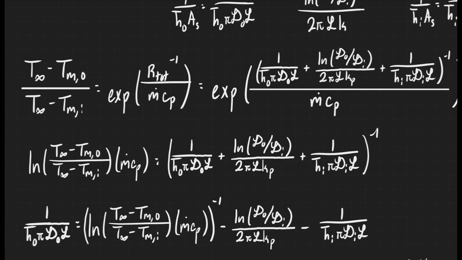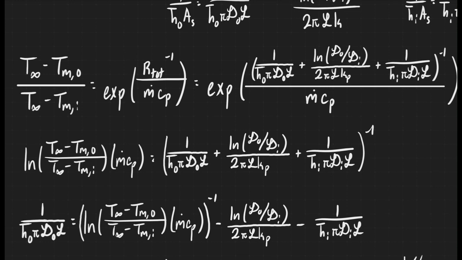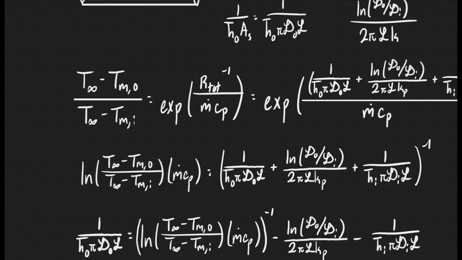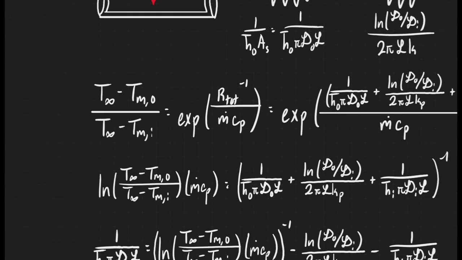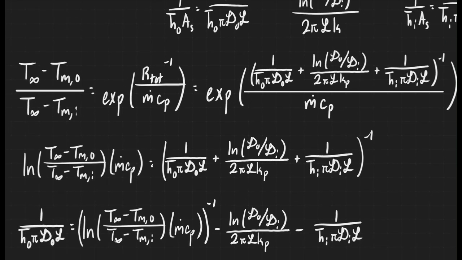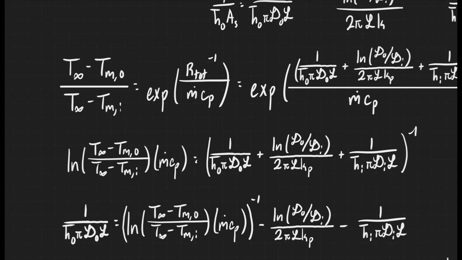And now we have a lot of equations, which I'm not going to explain too much about. But this is saying that my T infinity, which is just my ambient air temperature, minus my mean outlet temperature, divided by, again, T infinity, my ambient air temperature, minus my T m,i, my mean inlet temperature, is equal to the exponential of negative 1 over my total thermal resistance divided by my mass flow rate times my heat capacity.